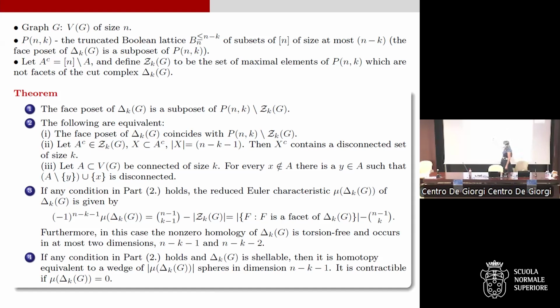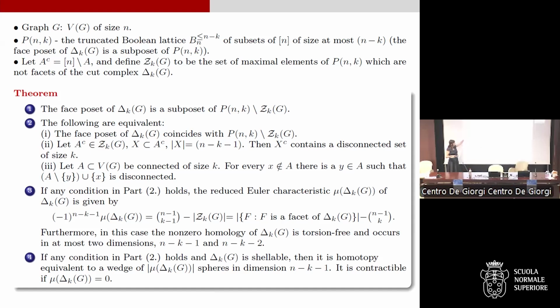And then we have this huge theorem, which actually says something like that. If by looking at the face lattice we can observe some nice properties, for example, that the face poset coincides with this thing, all of these statements are just combinatorics there. If any of those parts holds, we can compute the reduced Euler characteristic, which is nice, right?